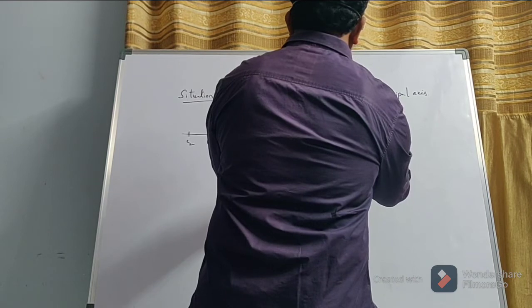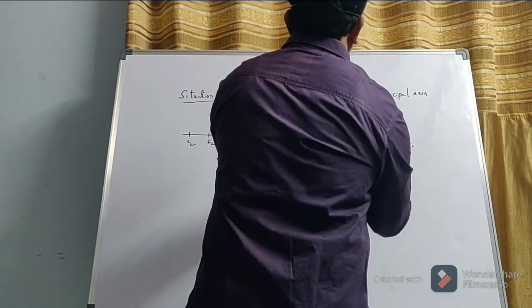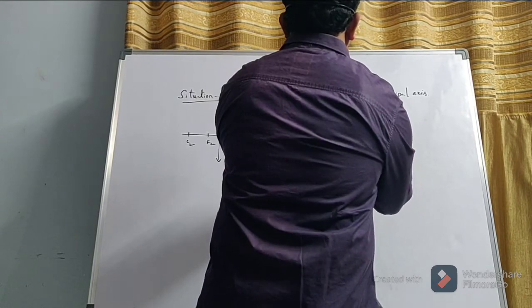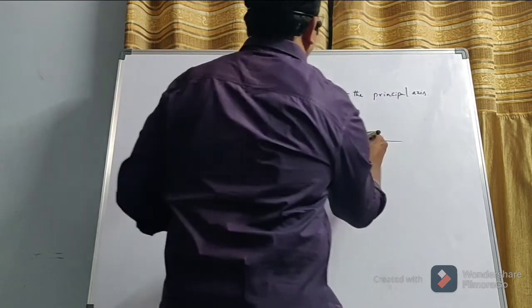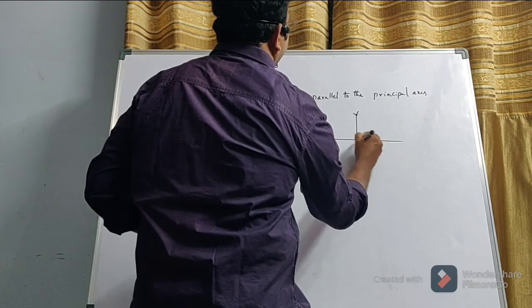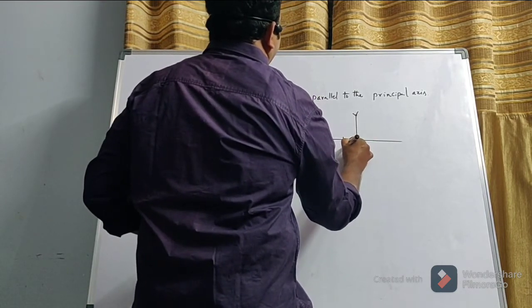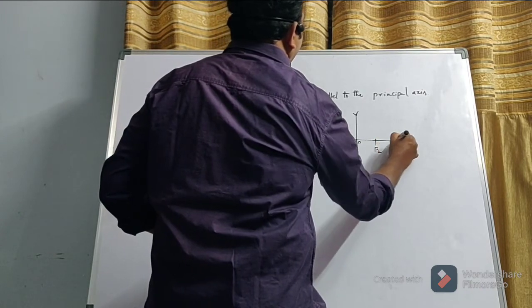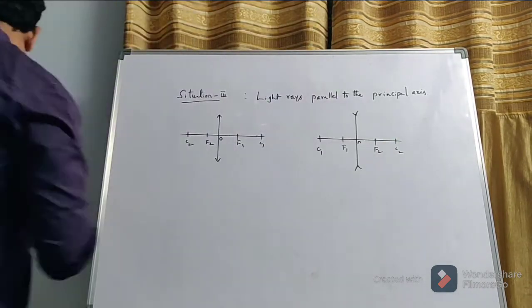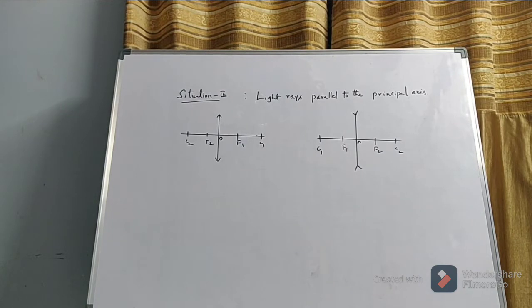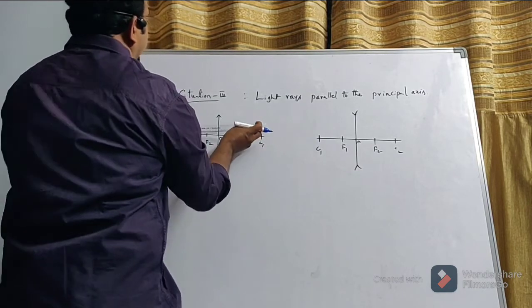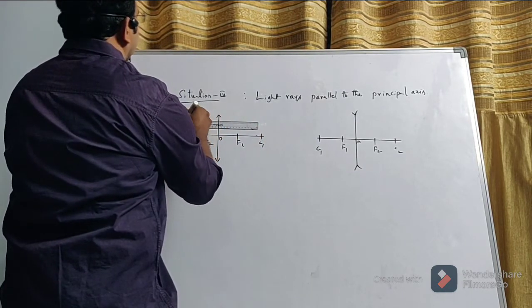This is the concave lens as usual, with the optic center, and F1 and C1, and F2 and C2. In this case, the light ray is coming parallel to the principal axis.